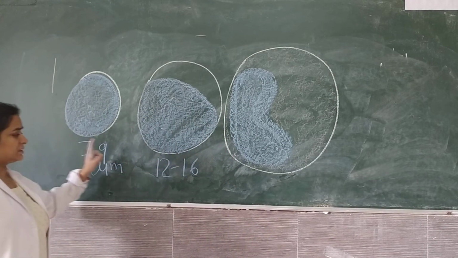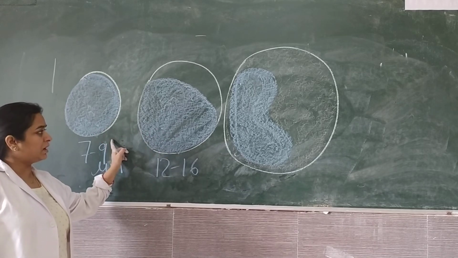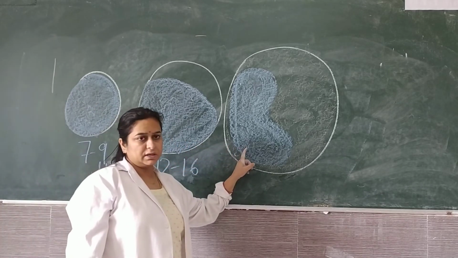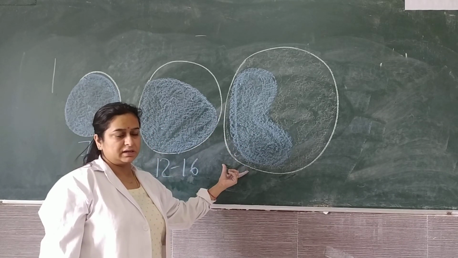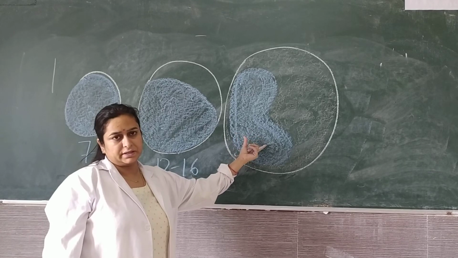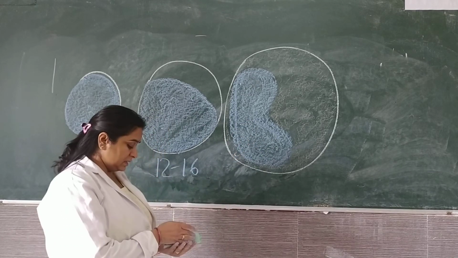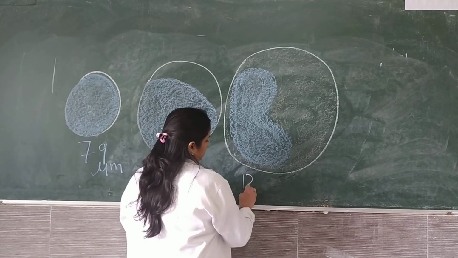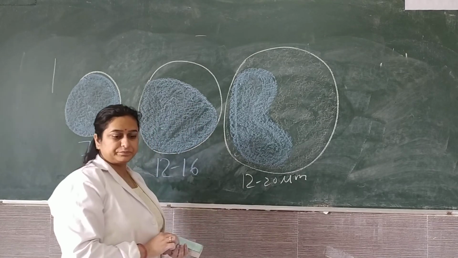If we understand these three diagrams of small, large and monocyte, we can easily make out that monocyte is a bigger cell, the nucleus is indent, kidney shaped or bean shaped, and size is large, between 12 to 20 micrometer.